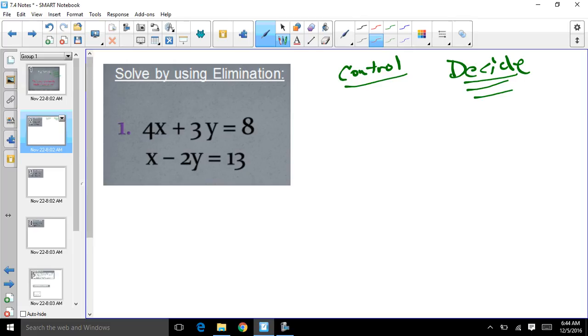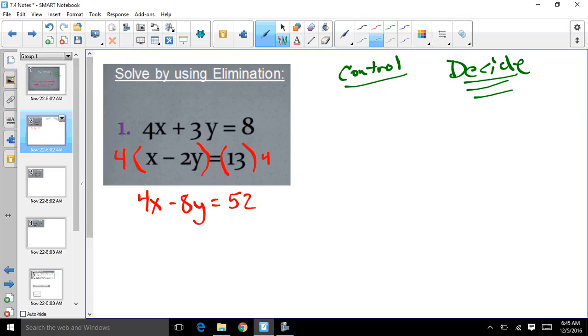So what I want to do is, on both sides of the second equation, multiply times 4. If I multiply times 4, I'll use the distributive property to get 4x minus 8y, and then multiplying times 4 over here, it's going to equal 52.